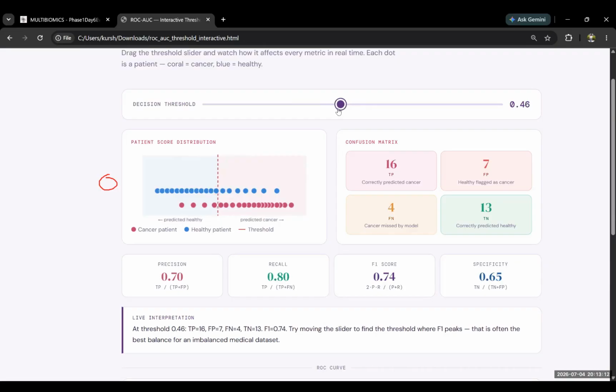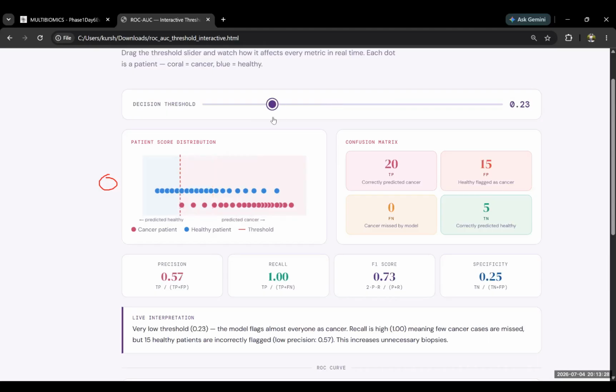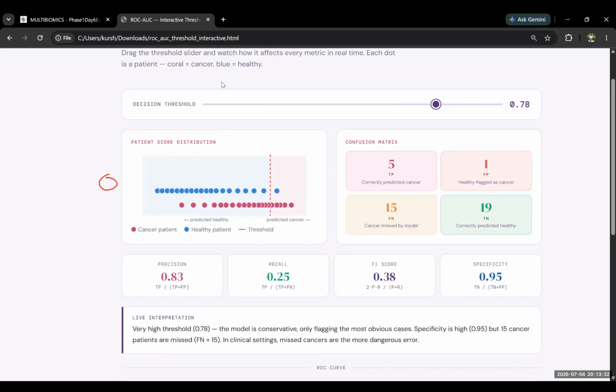Only at some optimal threshold can it give the maximum number. The maximum we are achieving here is 0.76, at a threshold of 0.43, not at 0.5. If I go slightly to the left or the right, my F1 score changes, depending on the threshold.